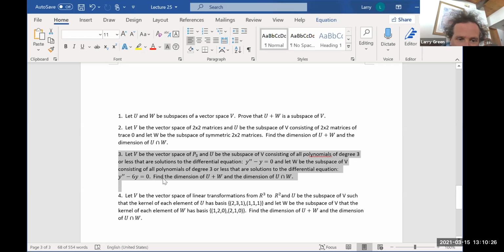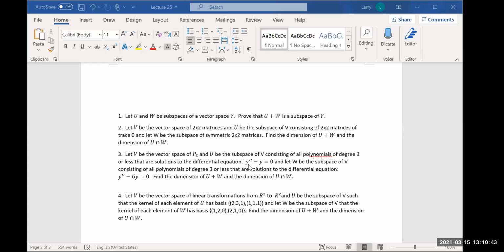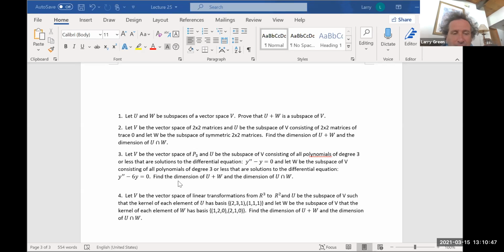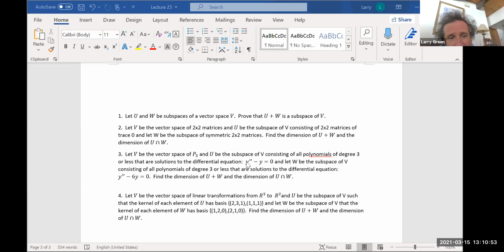Find the dimension of U plus W and the dimension of U intersection W. So what do you have to do? Find the dimension. How do we do that? What do we have to do to find the dimension? Find a basis. Yeah, so we can try to find a basis.